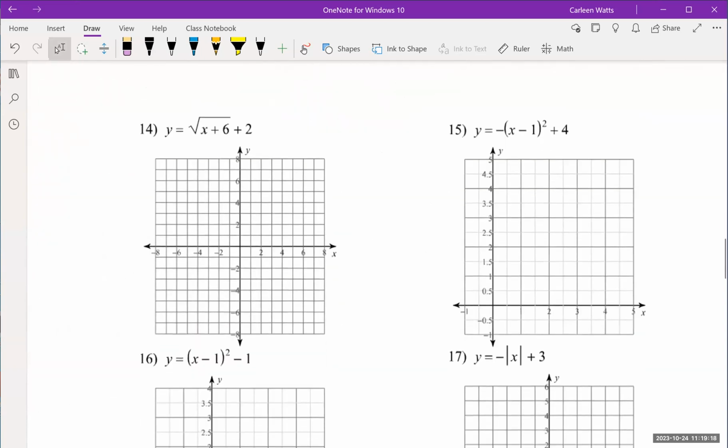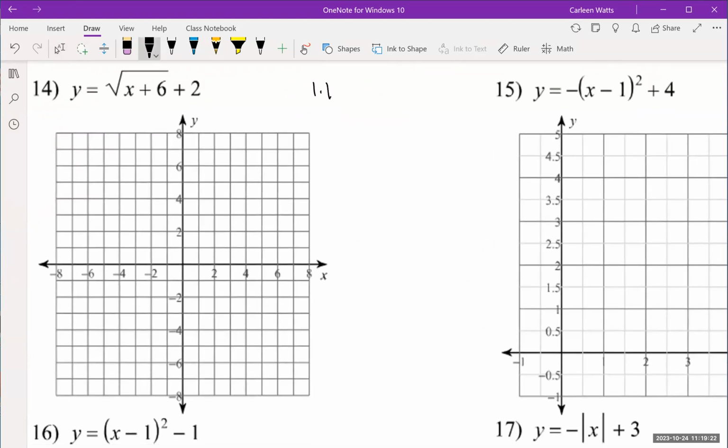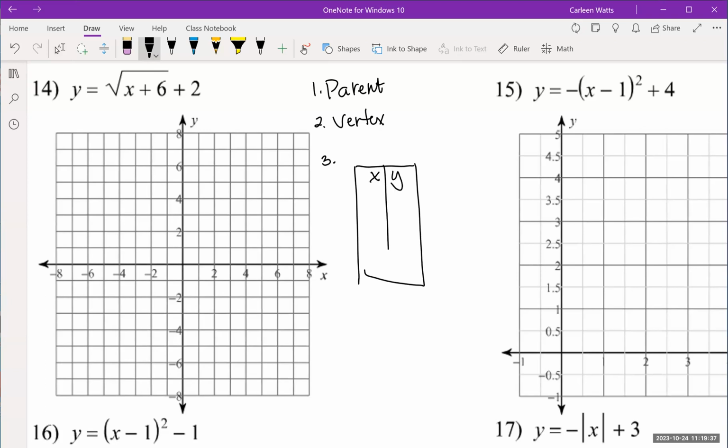Okay. Let's do another one. Parent. Vertex. And table. Okay, parent.